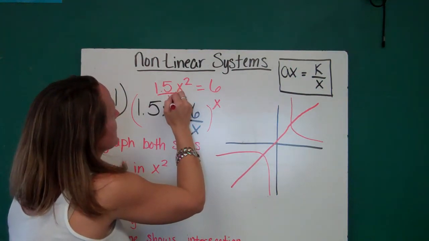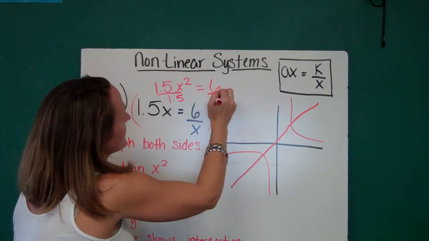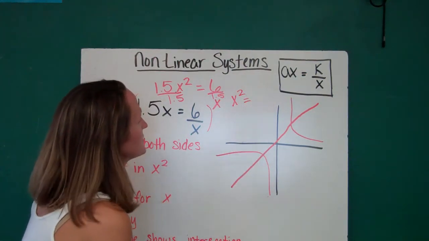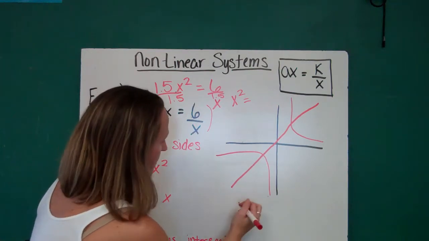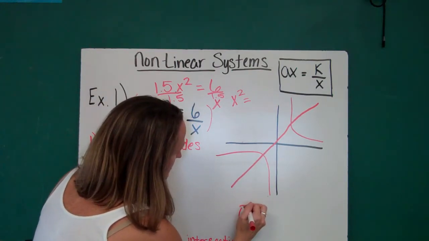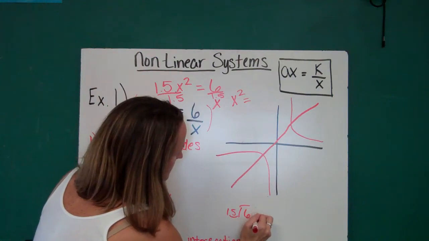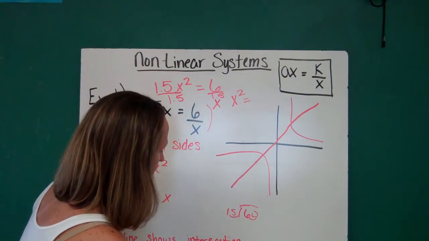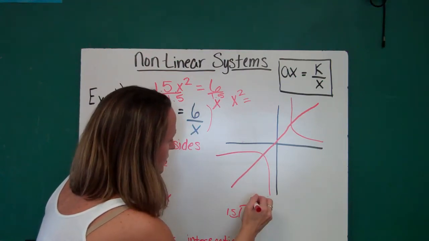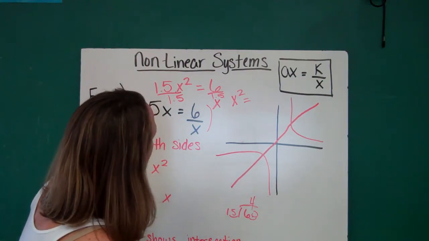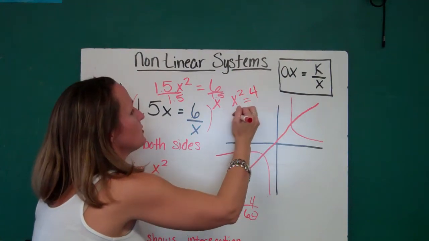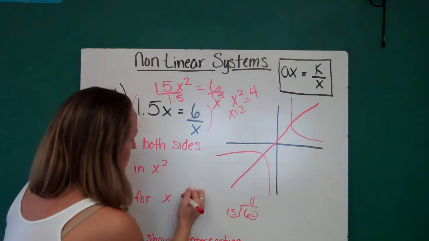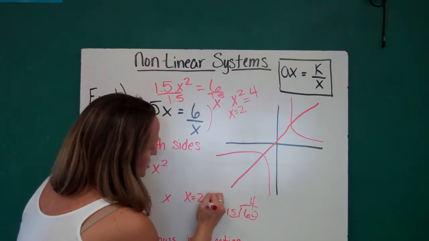I'm going to divide both sides by 1.5, so that I get x squared equals 4. Yeah, so x squared equals 4. I find out that x is equal to 2. So when I solve for x, I find out that x equals 2.